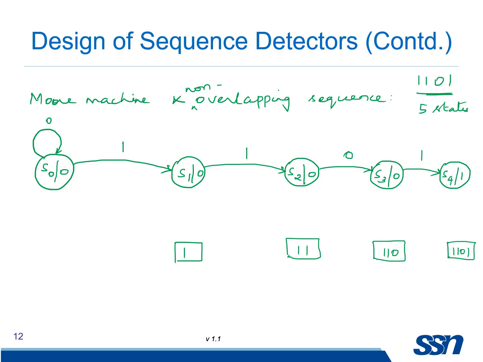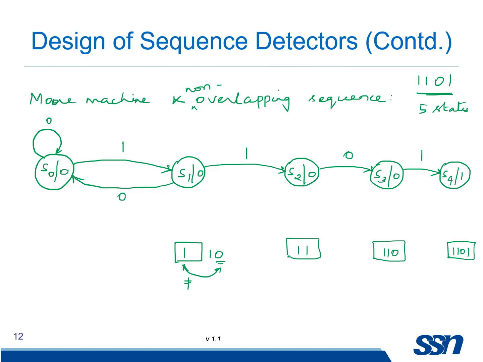Here after the first 1, if I receive the next 1, I move to state S2. If it is a 0, we compare these two. If this is not equal, we move to the previous state. The input condition is 0. Here we don't write the output over there, so be careful about it.